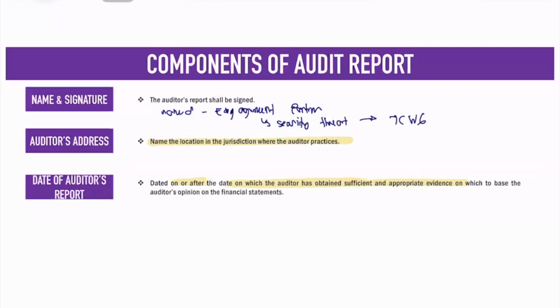But before we proceed to those items, let's look into the differences on the audit report as to the basis and as to the opinion, for those audit reports that are considered modified, because generally these are the items of an unmodified opinion. How about if the report is considered modified?